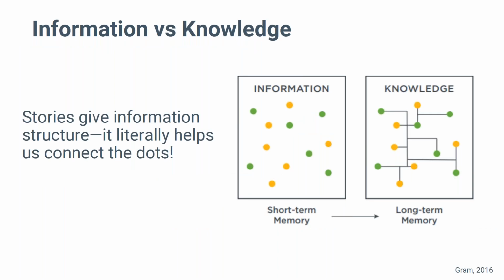This slide really just shows you what happens when you use stories to connect information. So say all the little dots in that information box, those are bullets on your slide, and your learner has to remember a lot of different points, remember 5 to 9 chunks of information. But if we tie those together through a story, then that's so much easier to remember because it's one chunk of information and it's relevant.